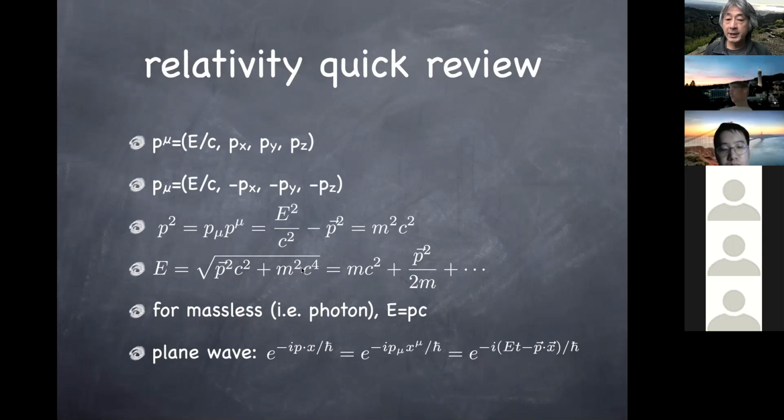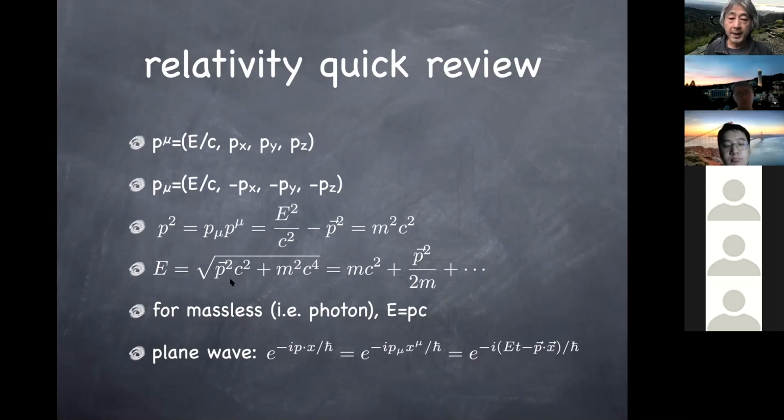And the first expansion in p over m gives you precisely the kinetic energy of the particle, p squared over 2m, when it's non-relativistic. But then, of course, you have further corrections like p to the fourth over 8m cubed and so on. So that's the relativistic energy.